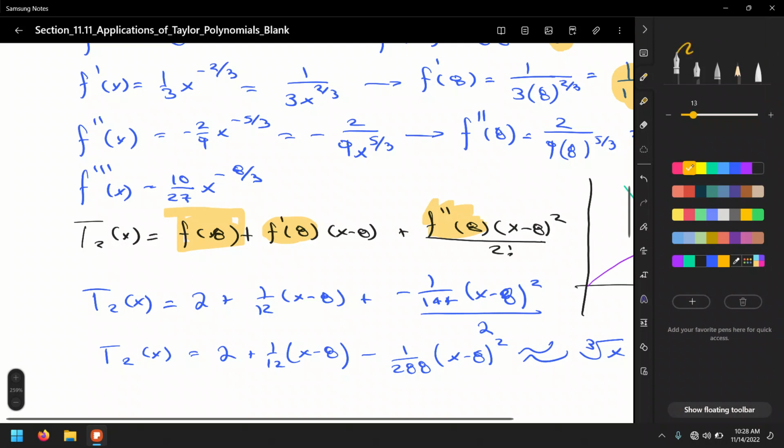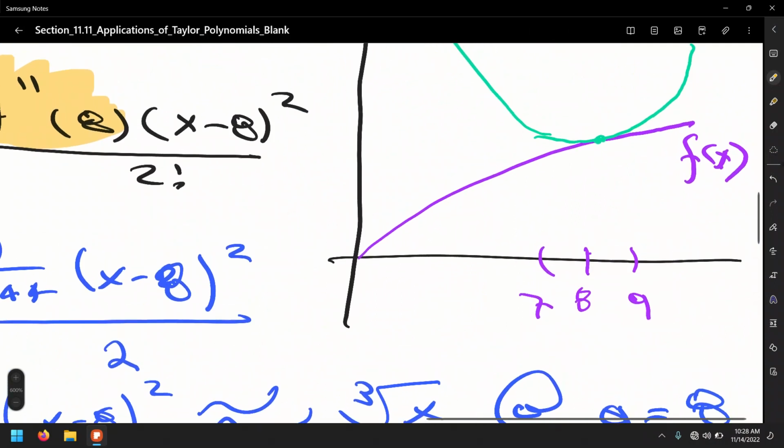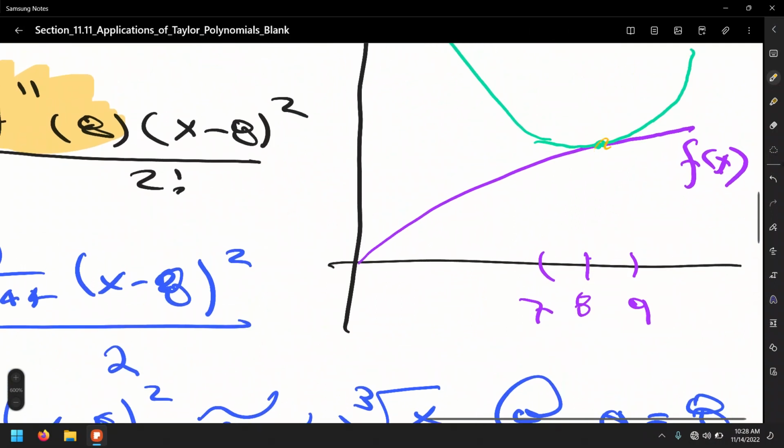All right, so the thing here is at the center, of course the approximated value is exactly the same as the actual value. But if I go a little bit towards the left, do you see the difference here between the actual value and the approximated value? And that starts getting bigger and bigger. That difference gets bigger and bigger all the time.